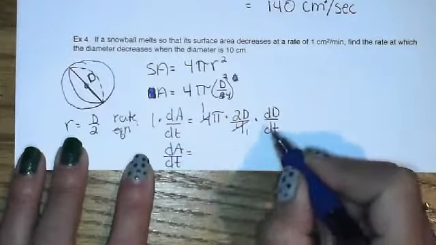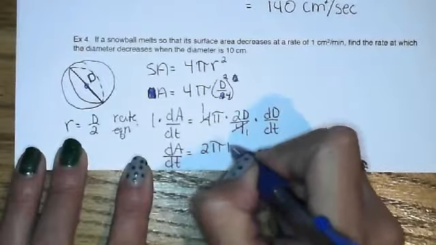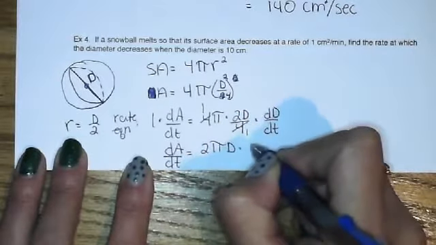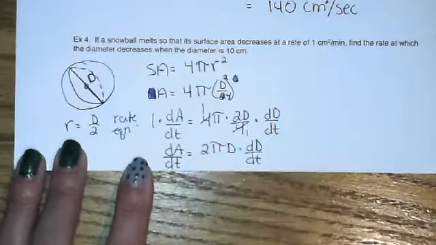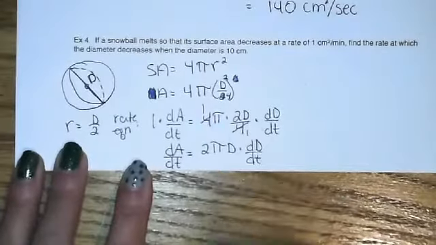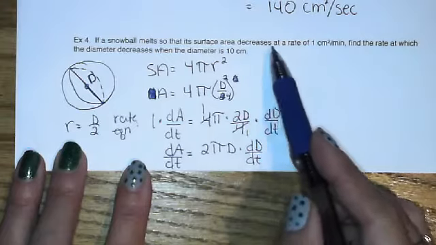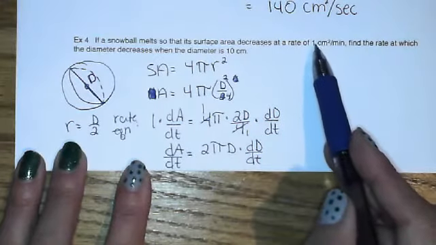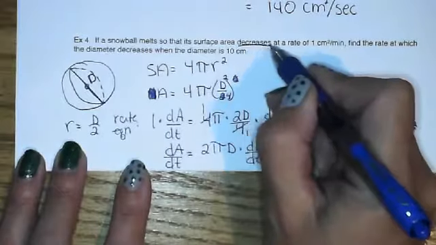Doing a little simplifying, I can cancel my 4's out. So to clean this up, before I substitute, dA/dt equals 2 pi d times derivative of d with respect to time. Okay, now let's see what's given.